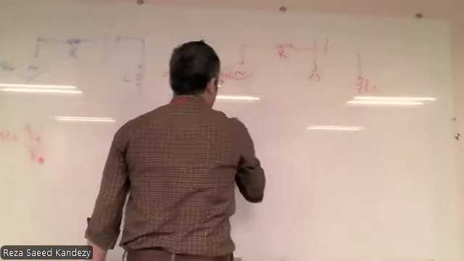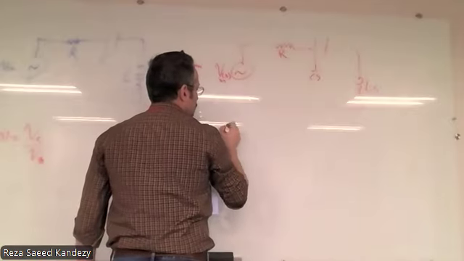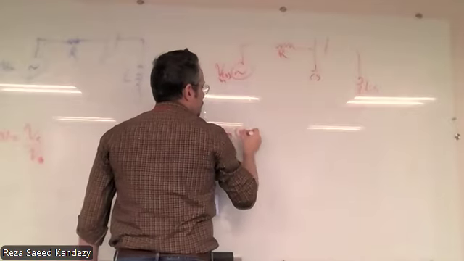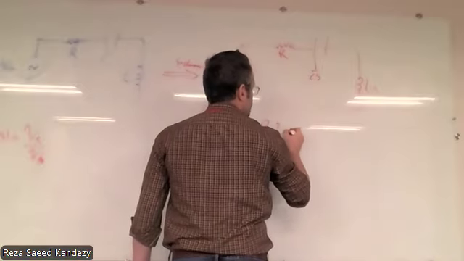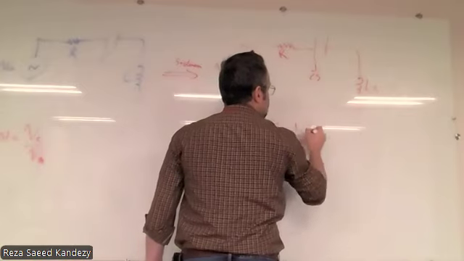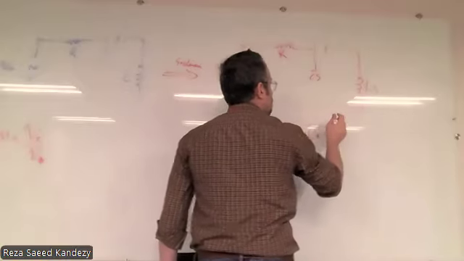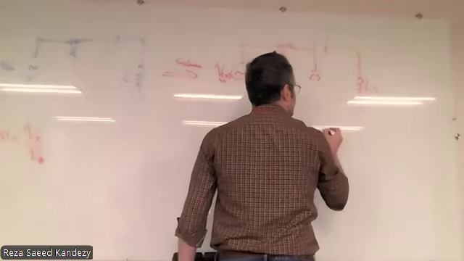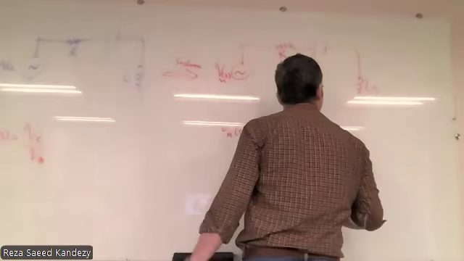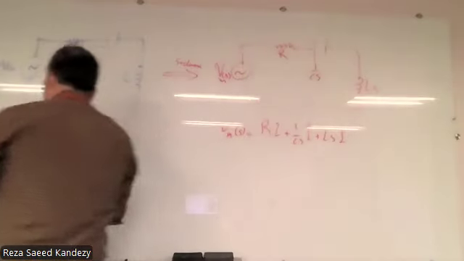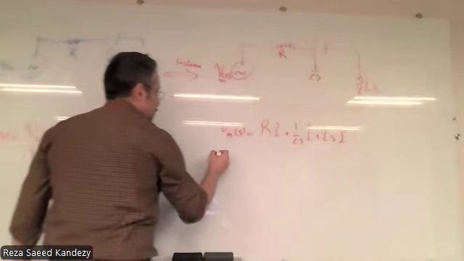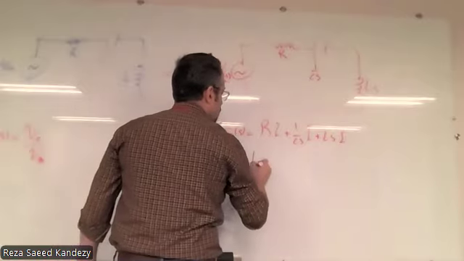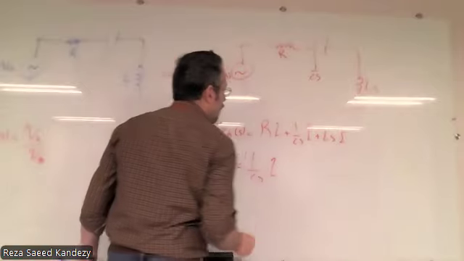So if you run a KVL, you are going to see that V in of S domain is going to be equal to the R I plus 1 over CS I plus LS I. Okay, and V of C, which is our output, is going to be 1 over CS I.